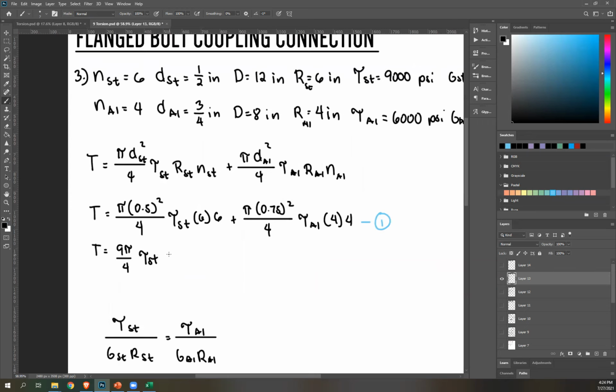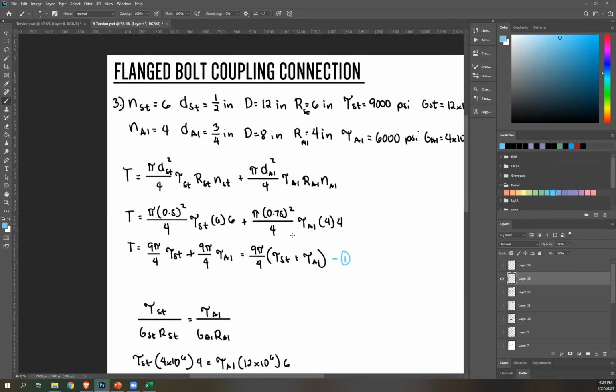Shear stress steel, and then plus pi times 0.75 squared times 4, that's also 9 pi over 4. Shear stress aluminum. Okay. And then you can just rewrite this as 9 pi over 4 shear stress steel plus shear stress aluminum. And this is your equation.